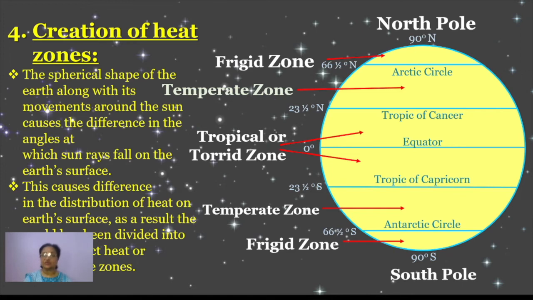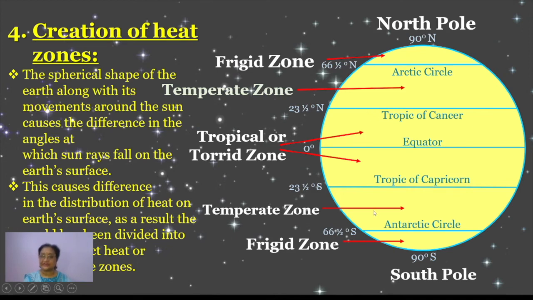Clear? This causes difference in the distribution of heat on the earth's surface, and as a result the world has been divided into 3 distinct heat or temperature zones. These 3 zones you can see here.